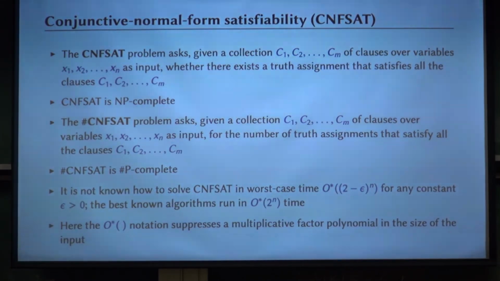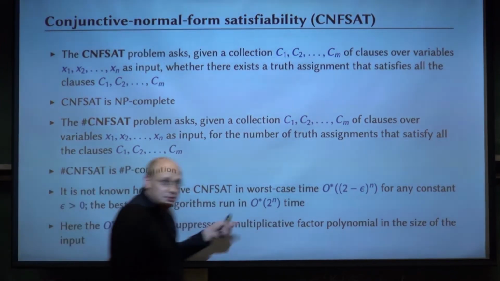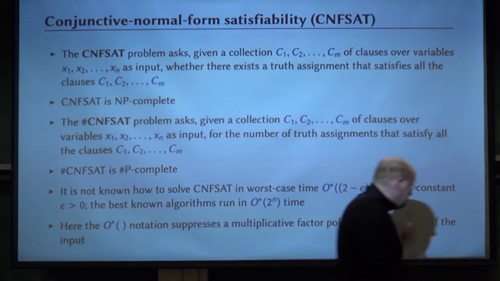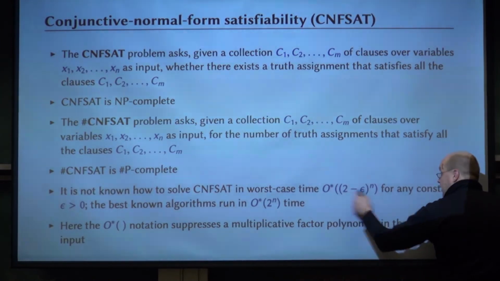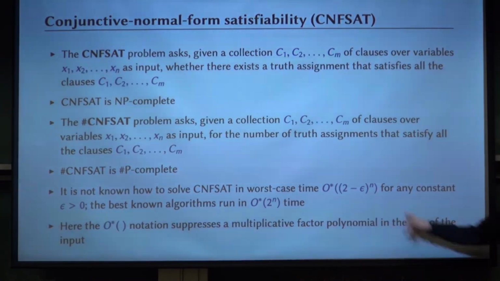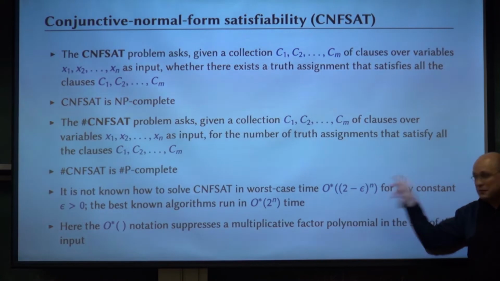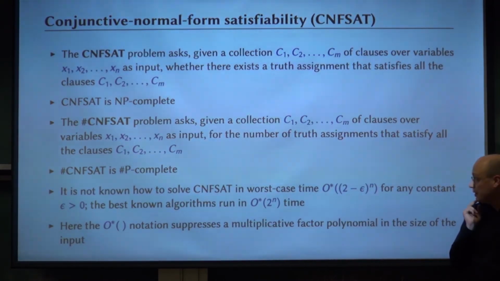Okay, and let's recall the state-of-the-art algorithmics at that exponential granularity. It's actually not known how to solve CNF-SAT, even the decision version of the problem, in time that would be a little bit below 2 in terms of the base of the exponential in the number of variables.